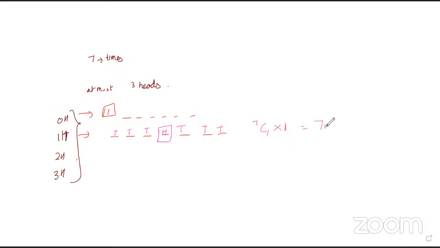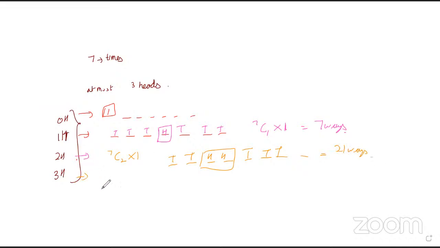Similarly, 2 heads. I can have heads at any 2 places of these 7. So first I select any 2 positions of these 7, which I can do in 7C2 ways. Then I fix those 2 positions with heads. Now the remaining 5 are to be filled with tails, which can be done in one way. 7C2 is nothing but 21 ways, right?